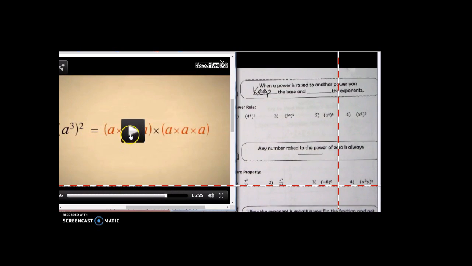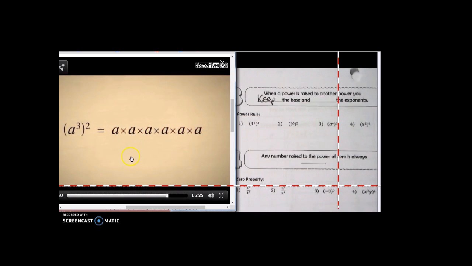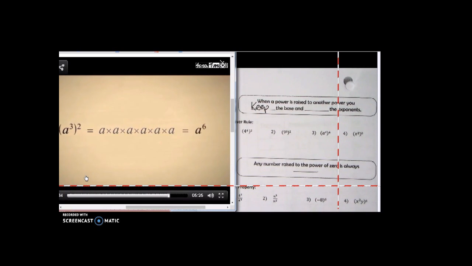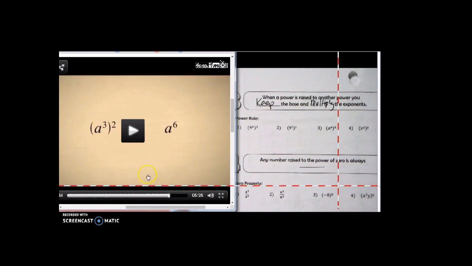If you have, of course, 6 a's multiplied together, that's a to the 6th power. So what just happened with the power and the power? They were multiplied. So we'll multiply the exponents. This is why it's called the power rule.